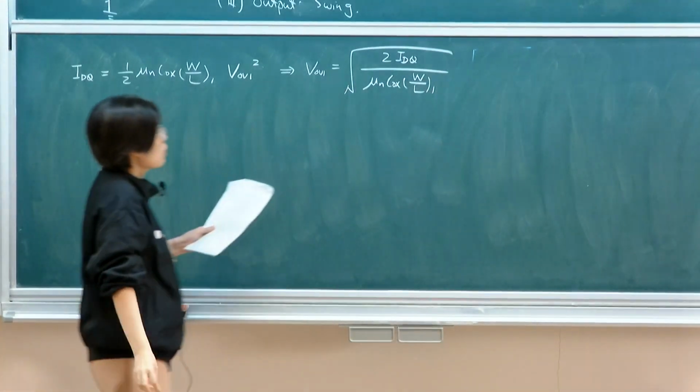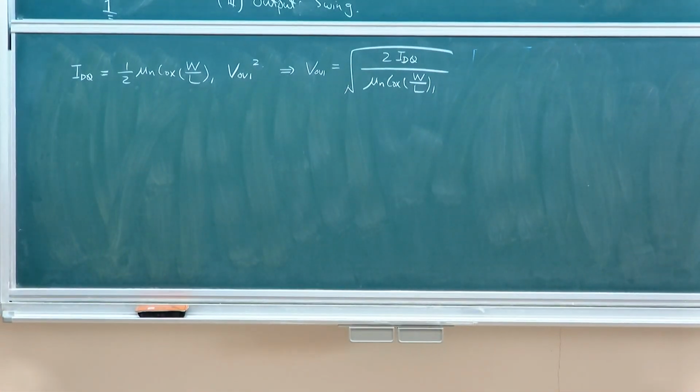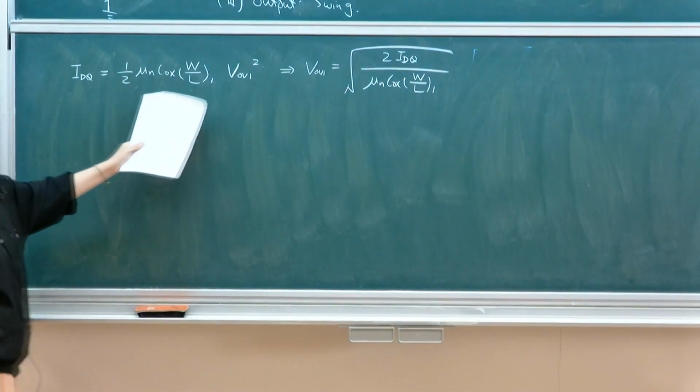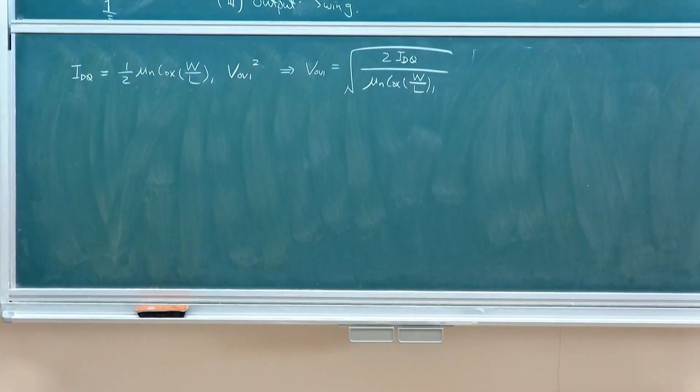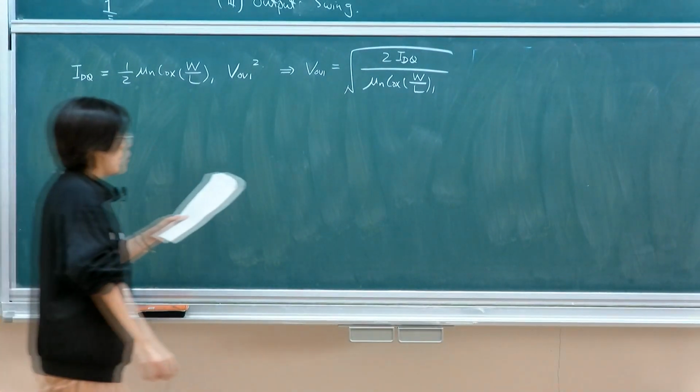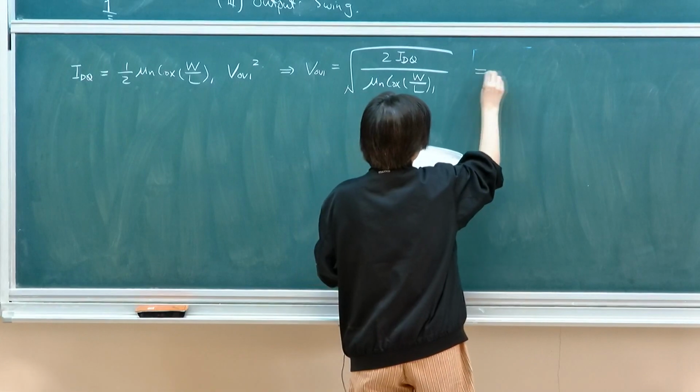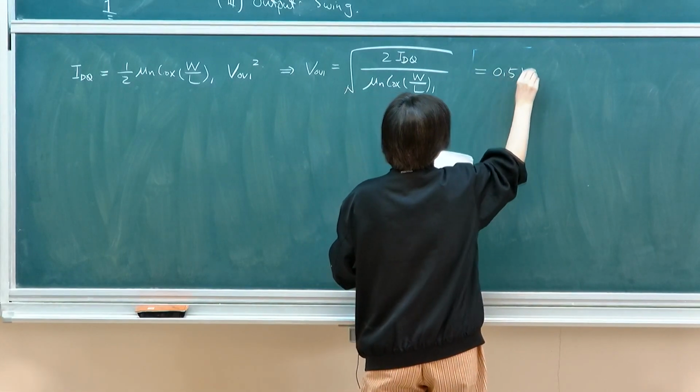Since I know the current and all the device parameters, I should be able to determine the overdrive at the bottom. So we know that the overdrive equals 0.5 volt.